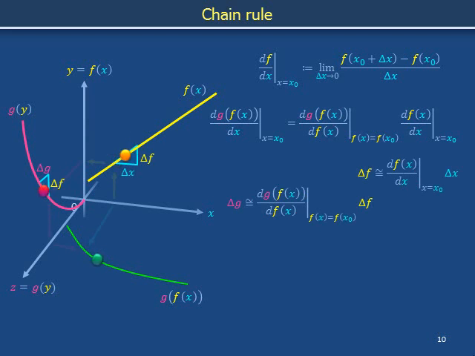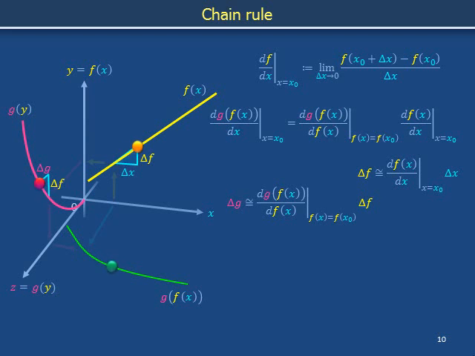And again, since the markers are swinging across small intervals, delta g over delta f is roughly equal to its limiting value. So delta g is roughly dg/df at f(x) equals f(x naught) times delta f.